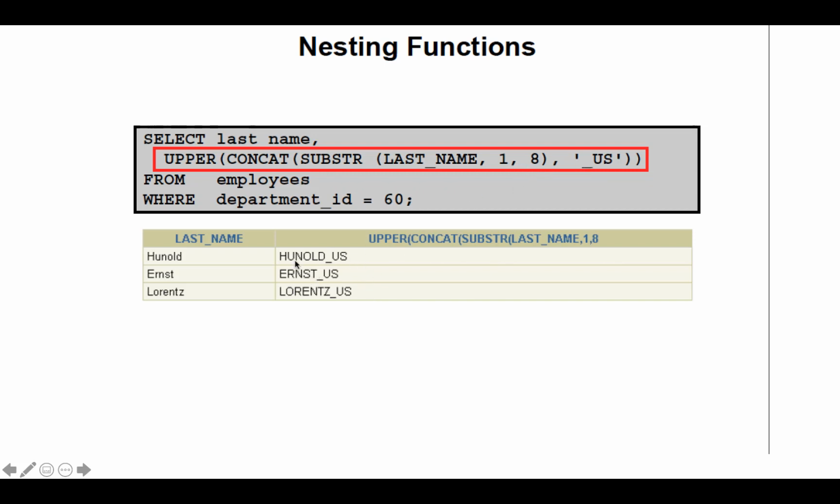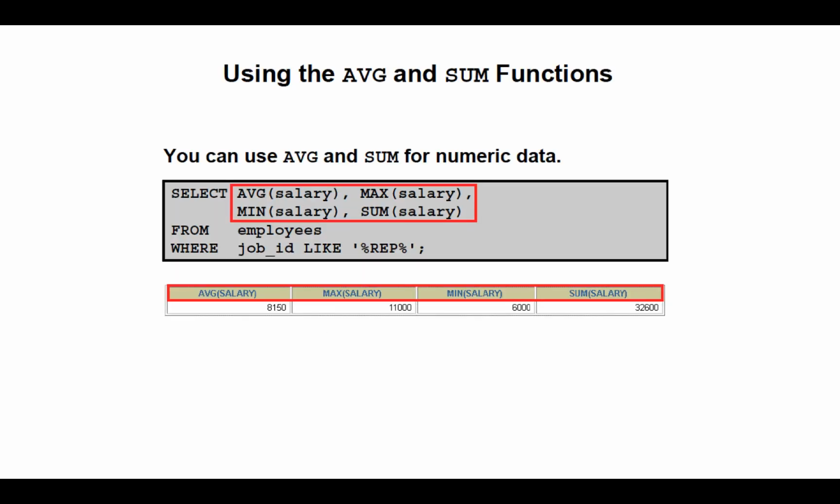So 8 is the maximum. If it's less than 8, it will just do the substring till the end, as you can see. This is an example of nesting functions.